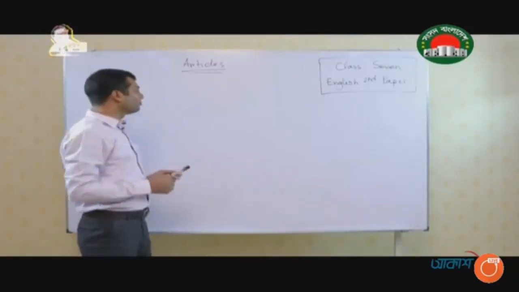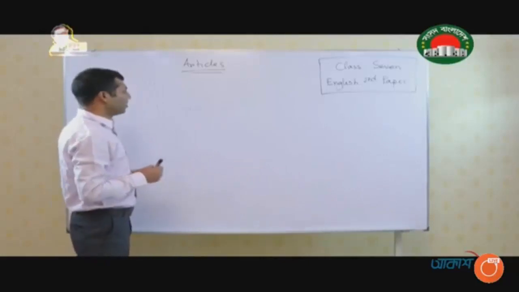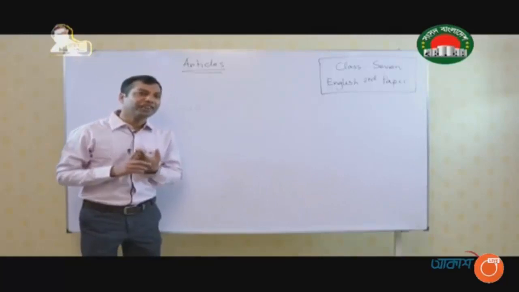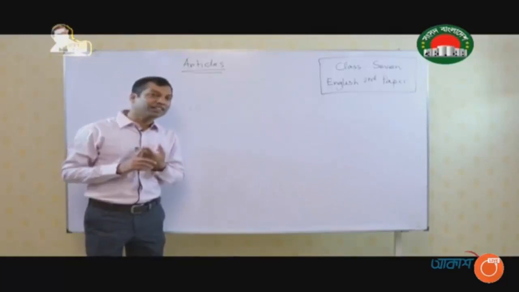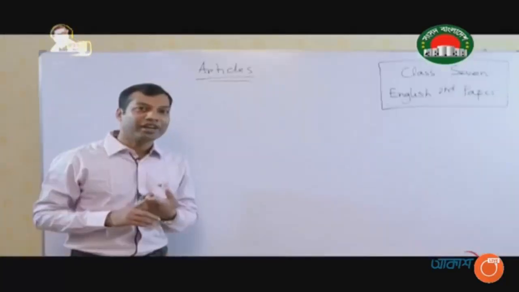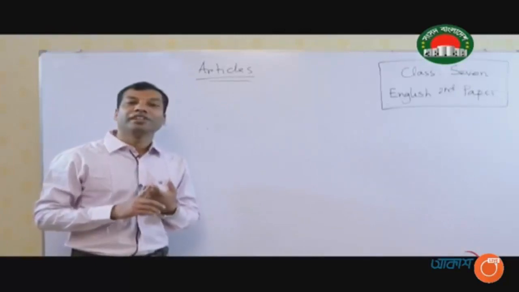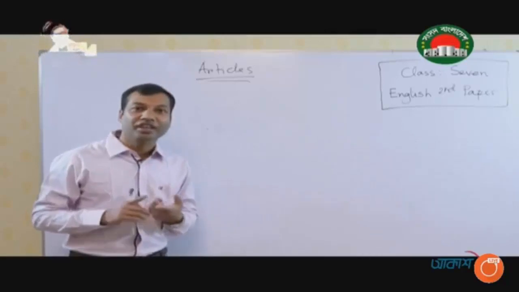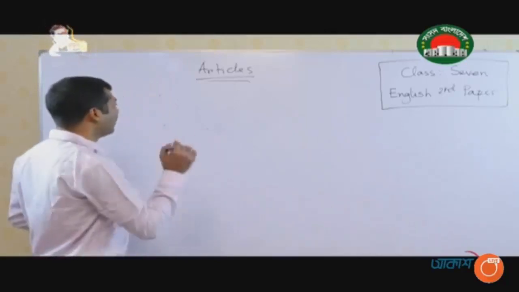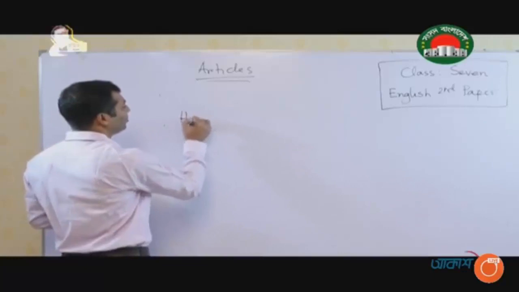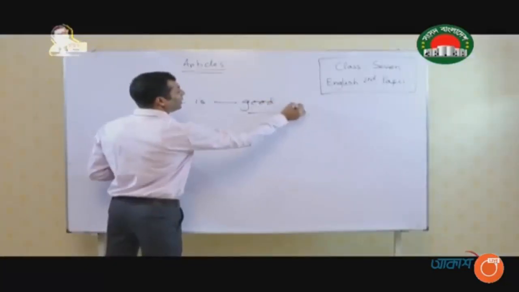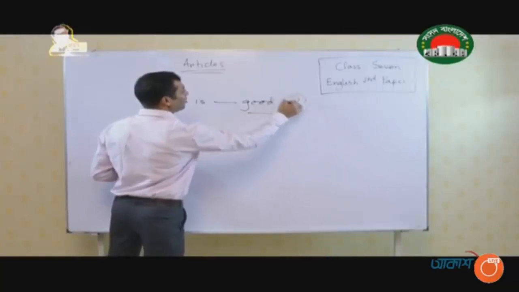So at first let us try where to use an article. Listen. Articles are directly connected to nouns. If there is a noun, there might be an article, and if there is no noun, there cannot be any article. For example, I gave you the example, he is good. Is there any noun? There is no noun.